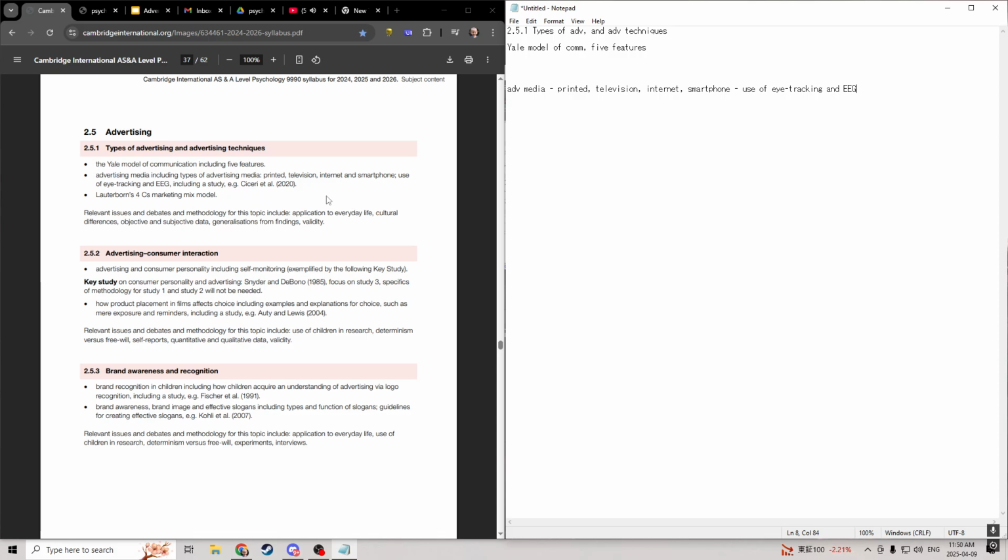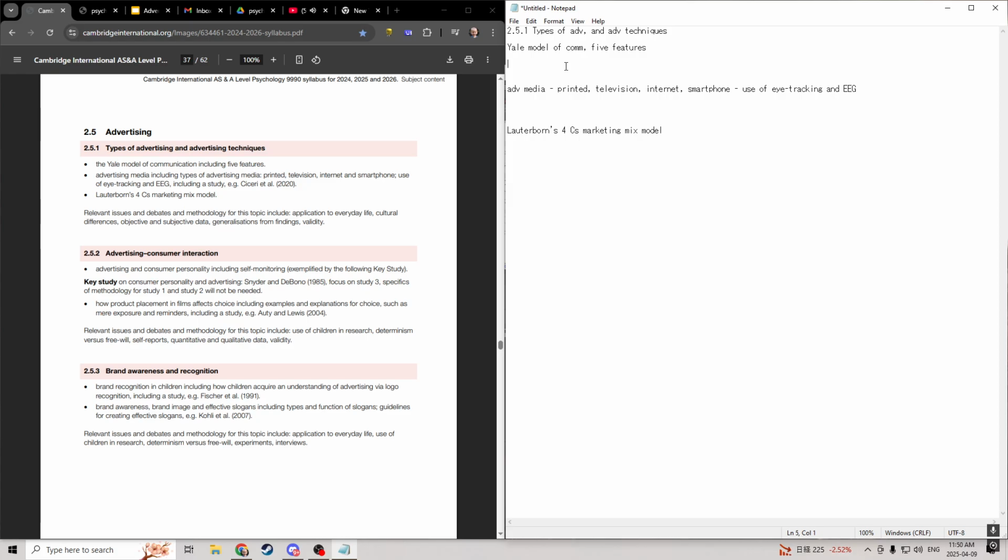Electroencephalogram, or I think that's what it stands for. And then we have our last one here, which is Lauterborn's 4C's marketing mix model. Okay, cool.